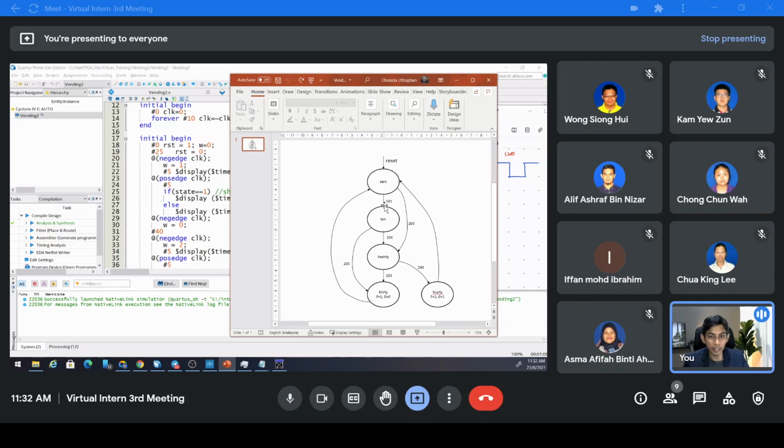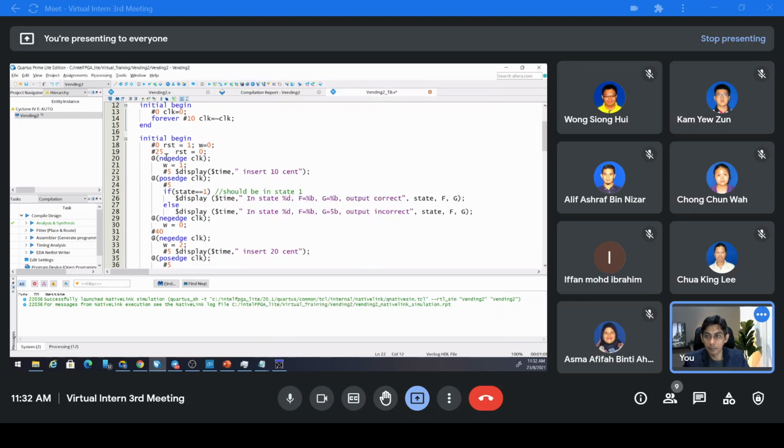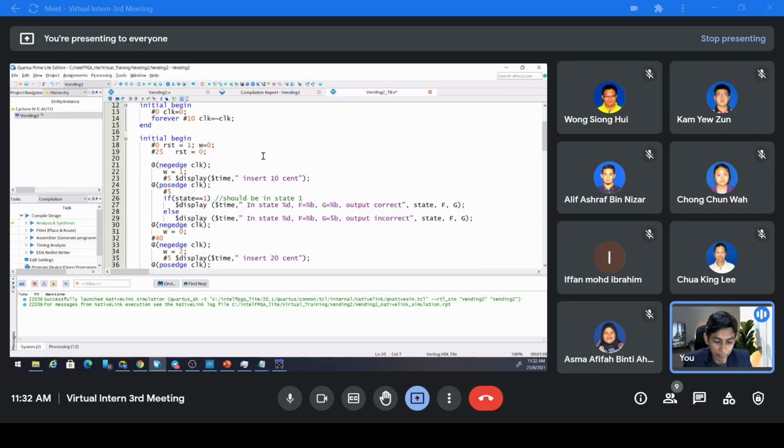If we have 10 cents, what happens? If you have 20 cents, what happens? In this case, I give 10 cents. It depends whether you want to use the previous technique that I explained to you last week, using the timeline, where maybe at 30 nanoseconds you give W equal to 1.